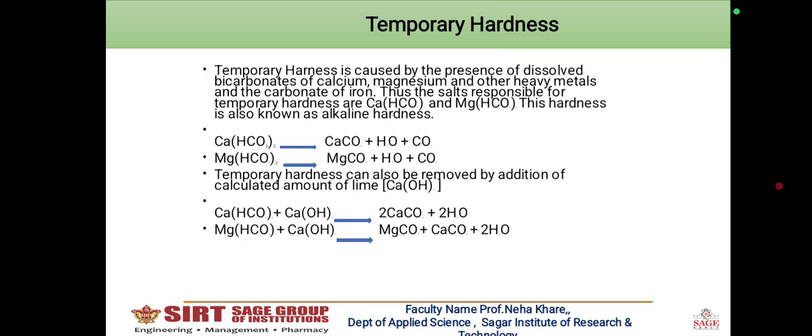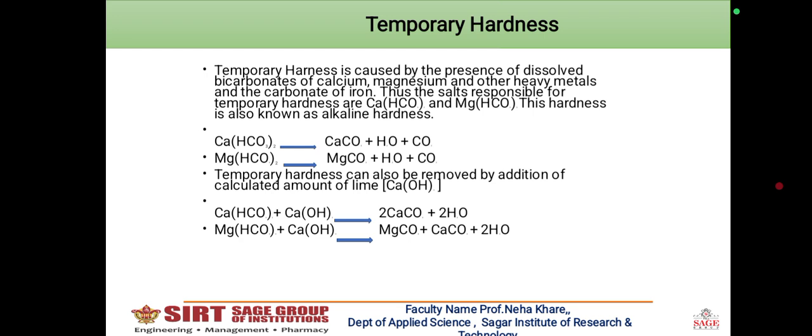Temporary hardness can also be removed by addition of a calculated amount of lime and soda, required for the different types of hardness removal.